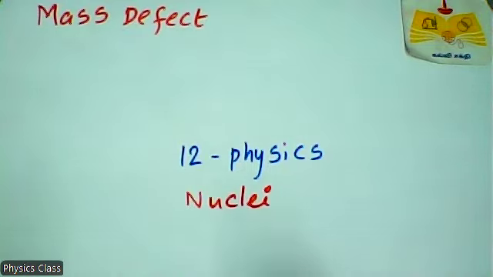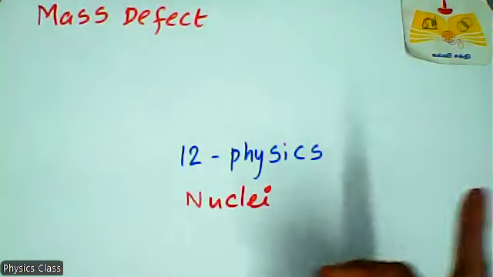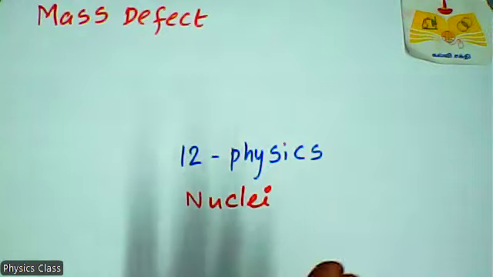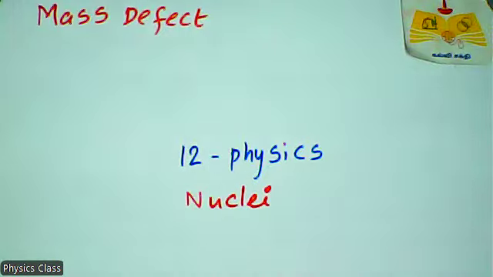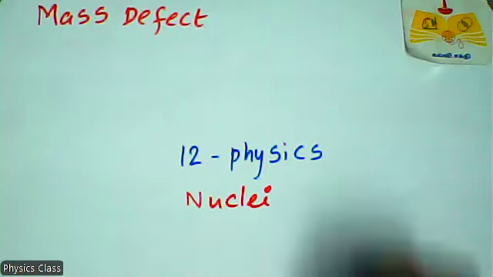This is one of the important, fascinating concepts in nuclear physics, and the next topic is binding energy, which is also very important. These ideas like binding energy and mass defect are crucial for understanding the stability of atomic nuclei.